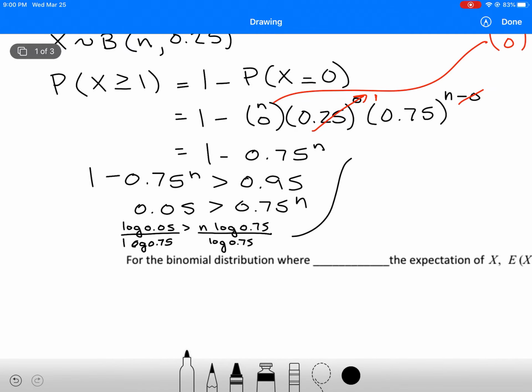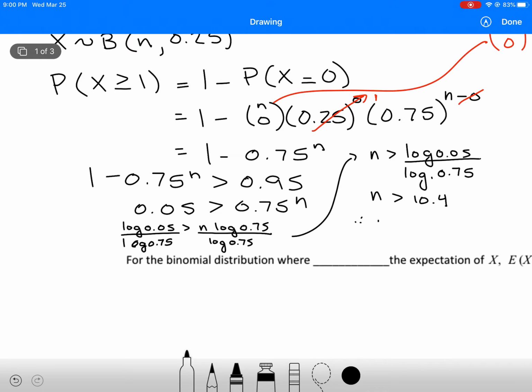In this case, log 0.75 is negative, so our inequality sign is going to flip, and we're going to get n has to be greater than log of 0.05 over log of 0.75. And this is going to tell us that n has to be greater than 10.4.